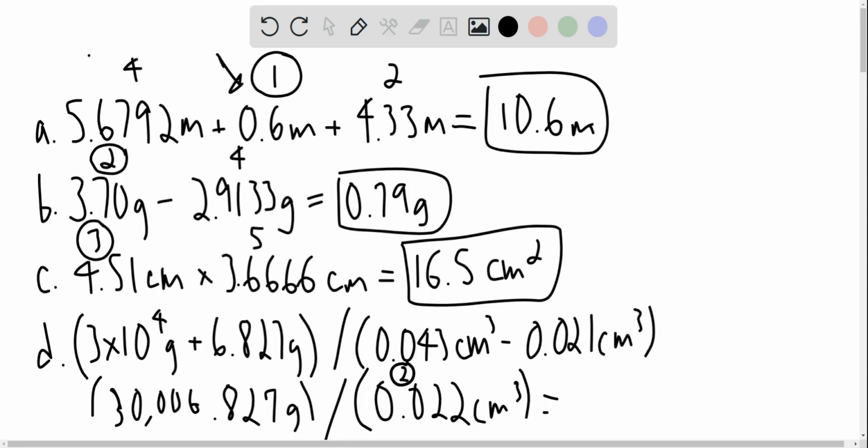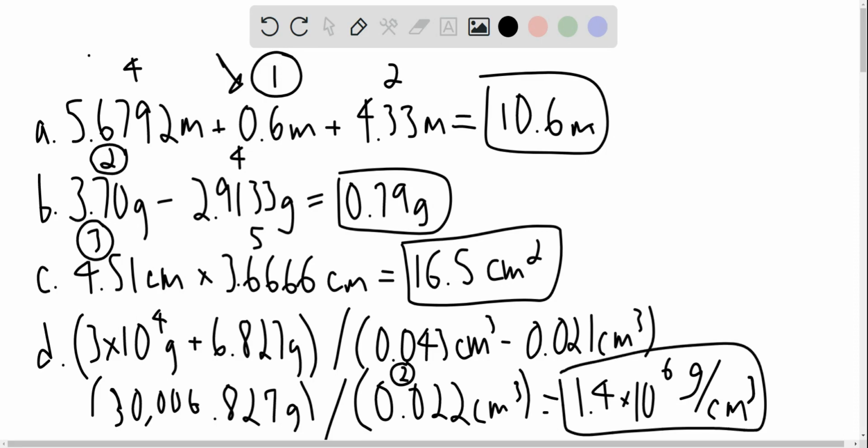And you should get like 13.6 times 10 to the fifth, but of course we're going to round that to 2 sig figs. So it's 1.4 times 10 to the sixth. And then for the units, you're going to divide them by each other because it's division. So 1.4 times 10 to the sixth grams per centimeter cubed.